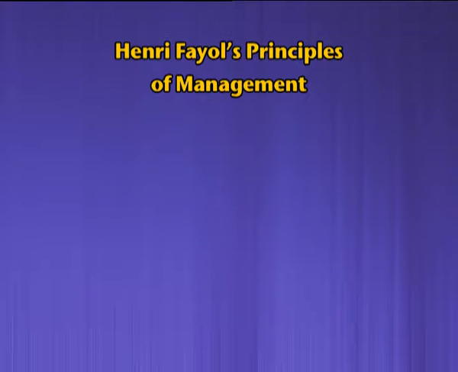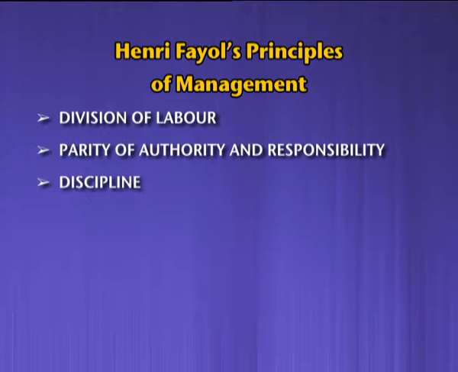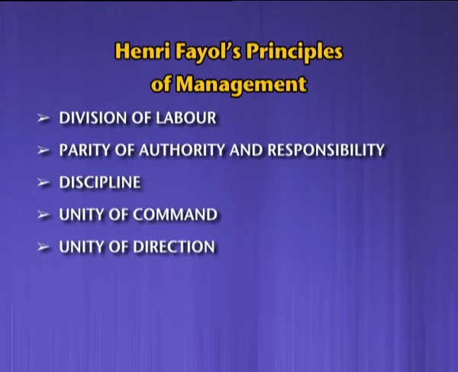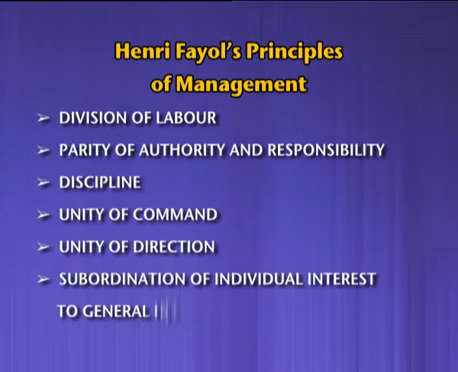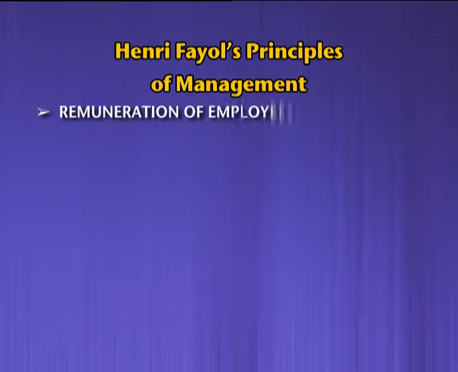Now, let us have the 14 principles given by him. The first principle is division of labor. Number 2, parity of authority and responsibility. Number 3, discipline. Number 4, unity of command. Number 5, unity of direction. Number 6, subordination of individual interest into common interest. Number 7, fair remuneration to the employees.